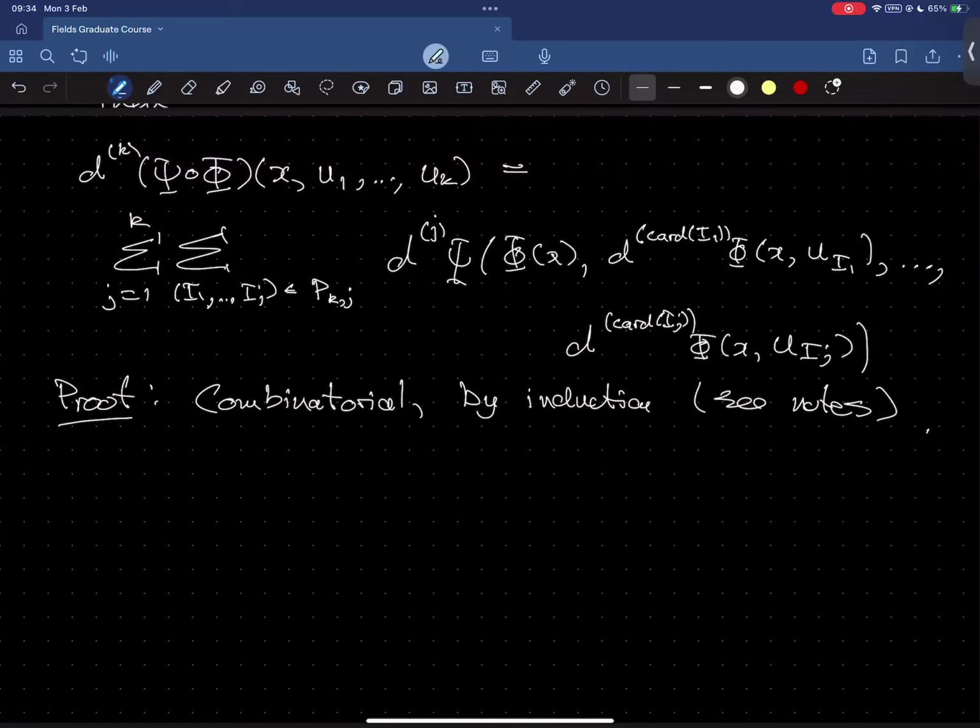So other technical stuff that's interesting. Maybe because it's not very hard, we'll talk about differentiability of weak integrals.